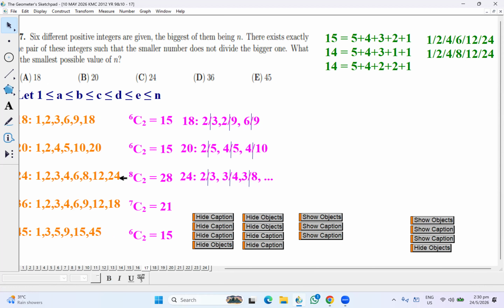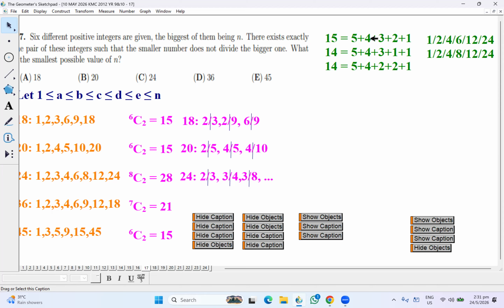We are using the 24 one. 1 divides 2, 4, 6, 12, 24: 5 pairs. 2 can divide 4, 6, 12, 24: 4 pairs.